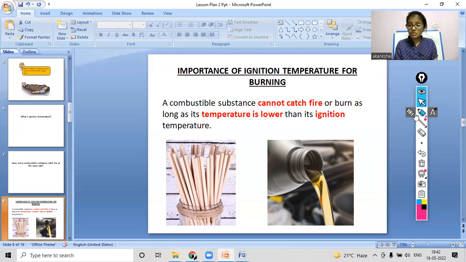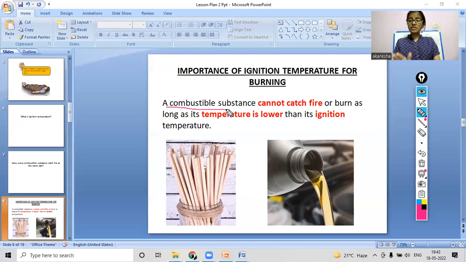What the statement means is, if I take a combustible substance, like this cloth mask, and if my laptop right now is hot, and I put this cloth mask above my laptop, it will not catch fire, even though the laptop is hot.